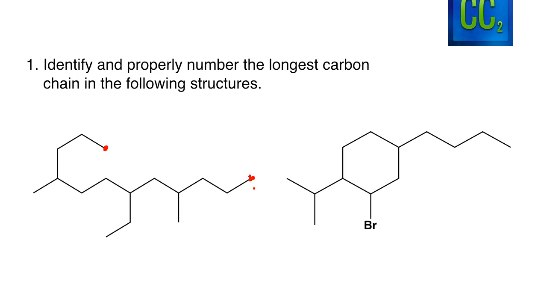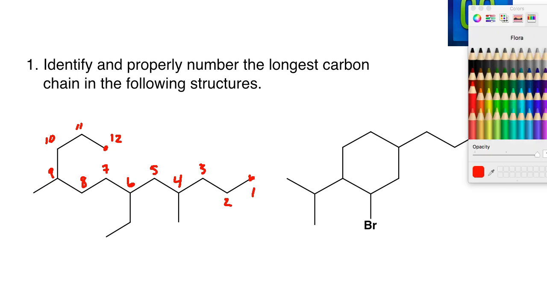So here we would have 1, 2, 3, 4, 5, 6, 7, 8, 9, 10, 11, 12 if we were going this way, right? So if I take a look at that, I'm going to just mark down in blue what the substituents would be if I was going the other way.